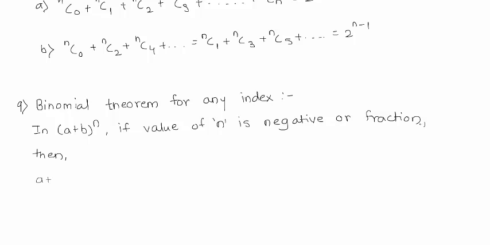Then we follow another type of expansion, that is (a + b) whole power n is equal to. Remember, this has to be used when n is negative or a fraction.